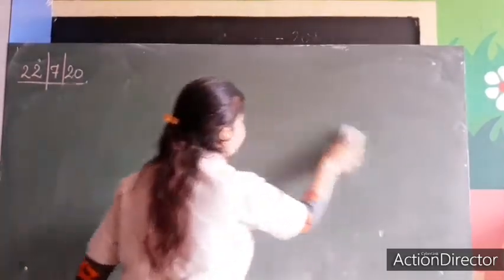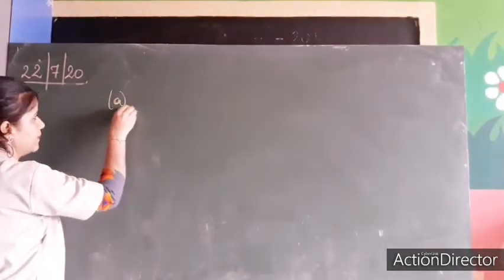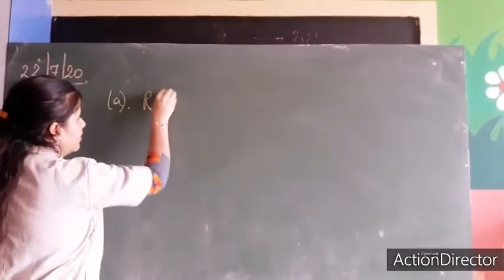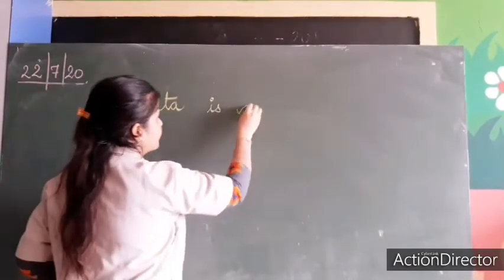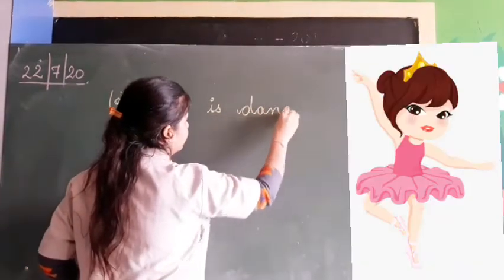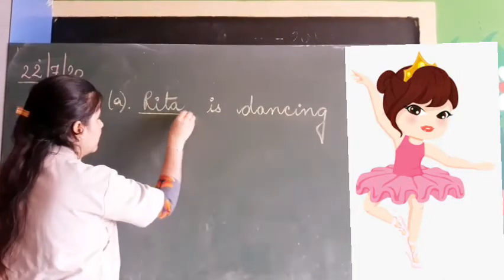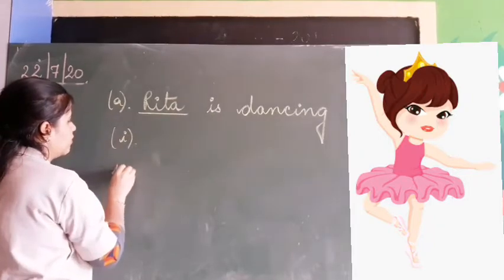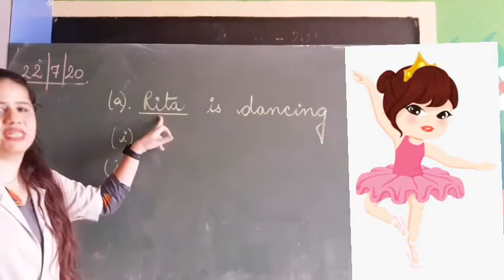The questions that you will get in the exam will be like this. Suppose I write a sentence here: Rita is dancing. Okay, and you have two options. You have to use the pronoun in place of the naming word, that is Rita.